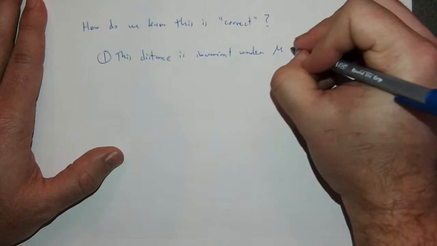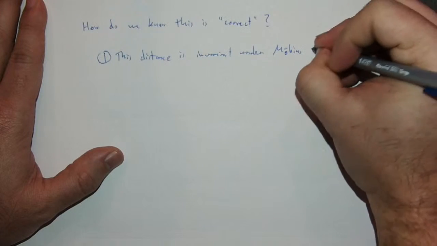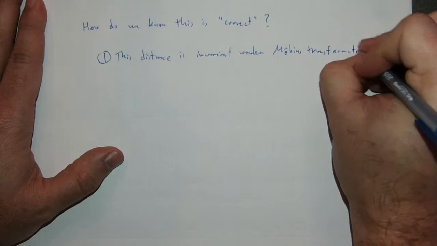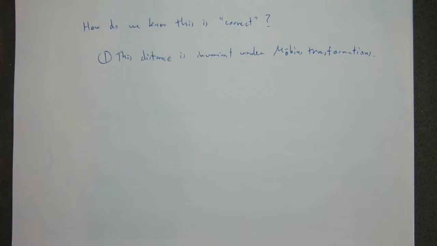Since Möbius transformations are the geometric transformations, they are the analog of our Euclidean isometries for the type of geometry we want to do. Then it makes sense that this quantity would be an invariant of the Möbius transformations.